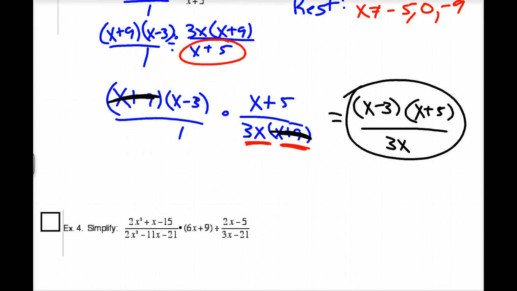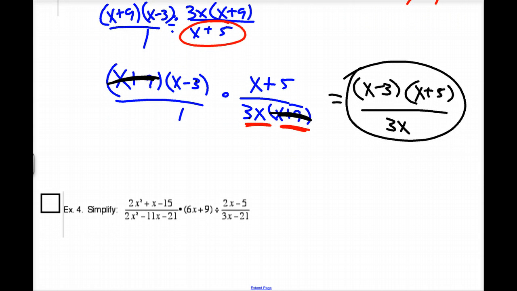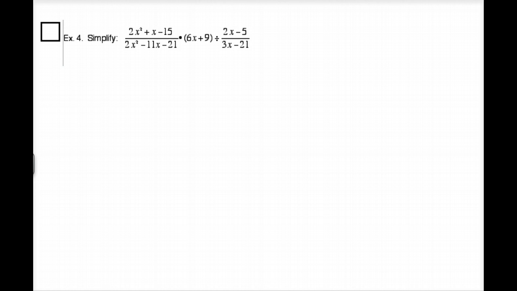Last problem, got multiplication and division. So let's see here. It's going to be over 1. I'm going to think about what would cause a problem in this denominator. This one I'm going to have to flip over, right?